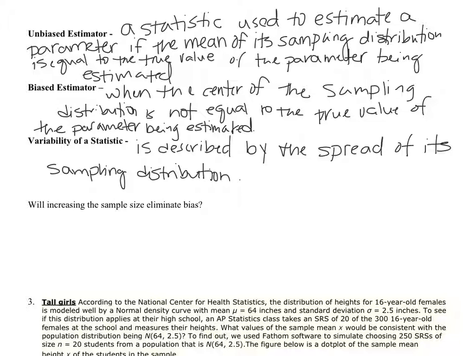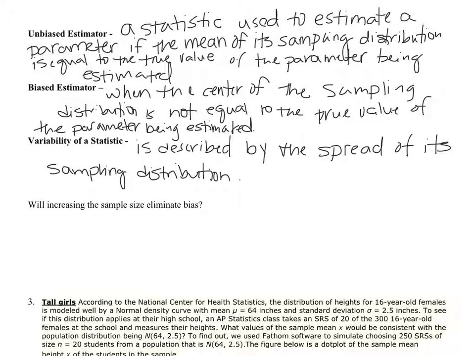So, the spread is determined primarily by the size of the random sample. Larger samples give smaller spreads. So the spread of the sampling distribution does not depend on the size of the population as long as the population is at least 10 times larger than the sample. So again, that's that 10% rule.